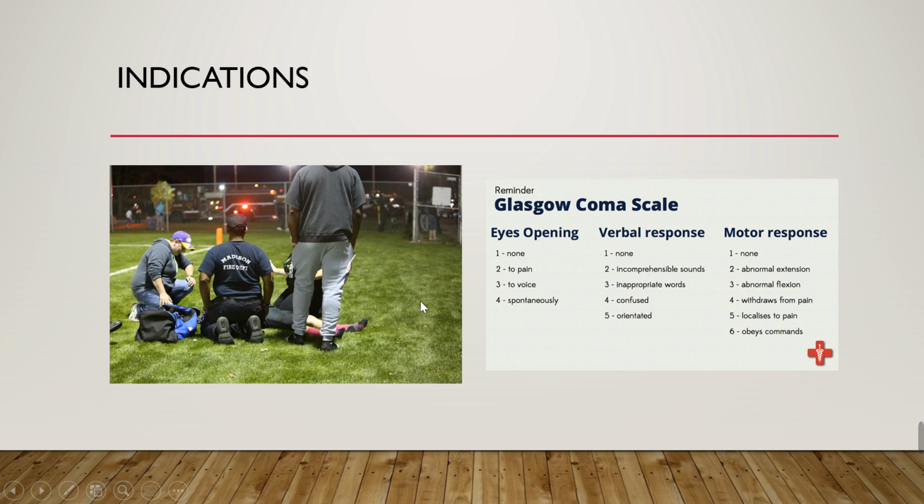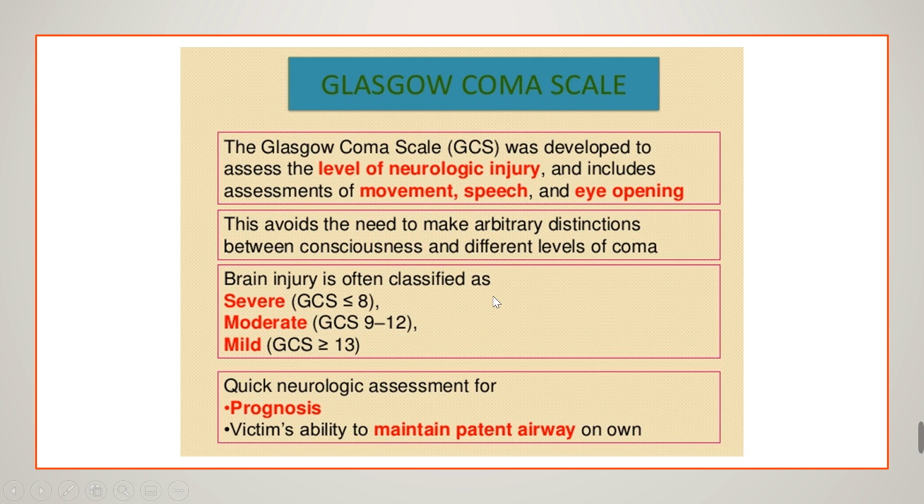If you're a nurse and you want to provide some care, this is something that you can let the paramedics know upon arrival, that you did the Glasgow Coma scale. You assess eye opening, verbal response, motor response, and you can give them a number. Because remember, severe is less than 8, moderate is 9 to 12, and mild is greater than 13. So we'll let the paramedics know, let the physician know if there's some type of brain injury occurring.